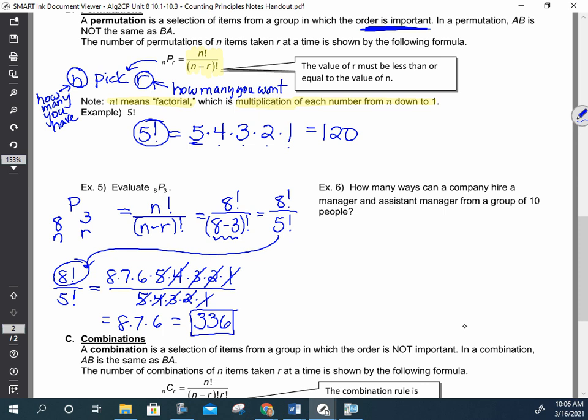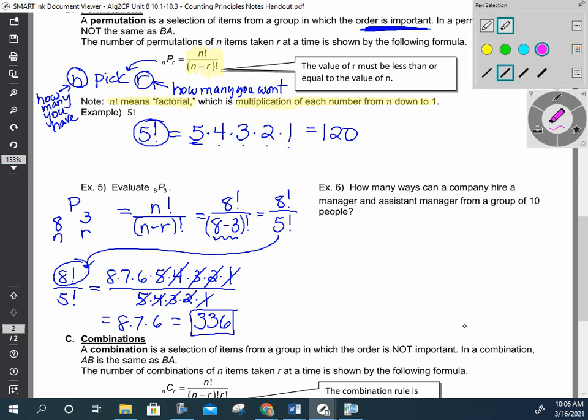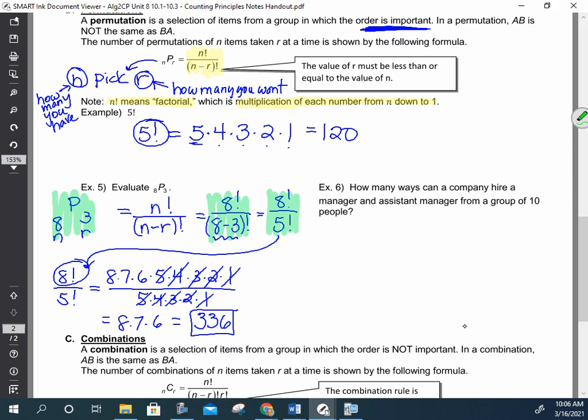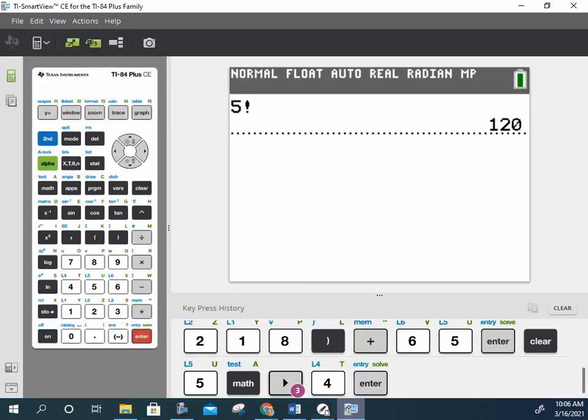If you have a calculator, you're showing this, this, and this, and then you're going to let the calculator do the rest of the work. So let's go ahead with our calculator.